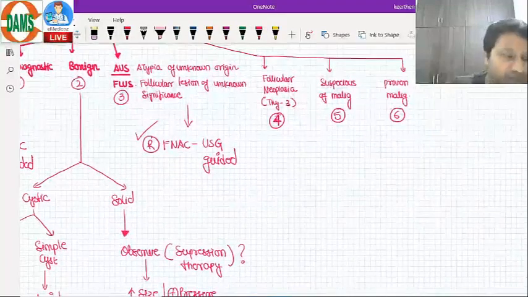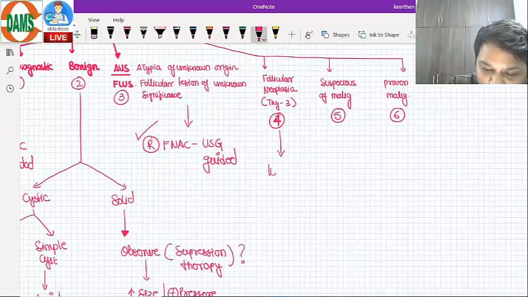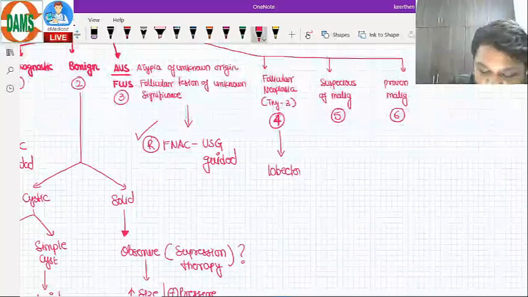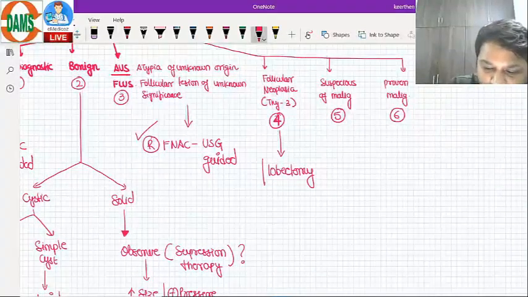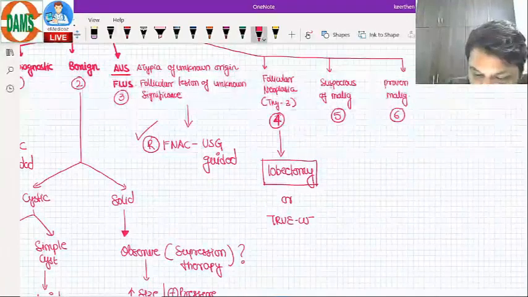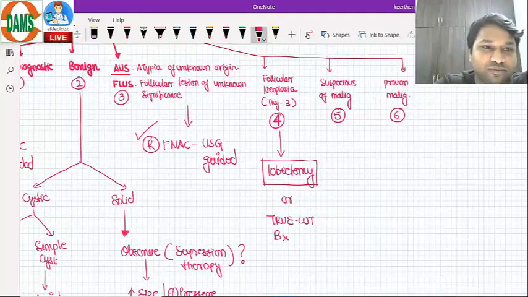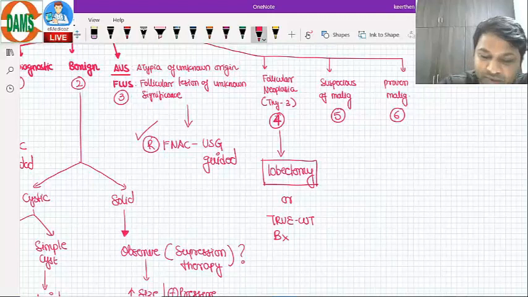Okay. Now that is if it is atypia of unknown origin or follicular lesion of unknown significance, repeat FNAC under USG guidance. If it is follicular neoplasia, you have to go for lobectomy, and under that, see, this is one option that we have, or true cut biopsy. Both of them are accepted.